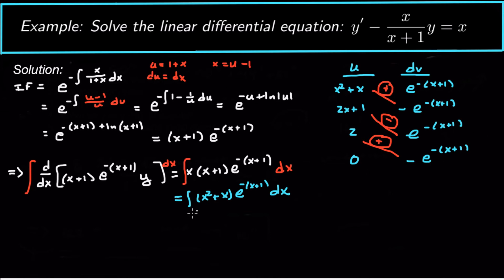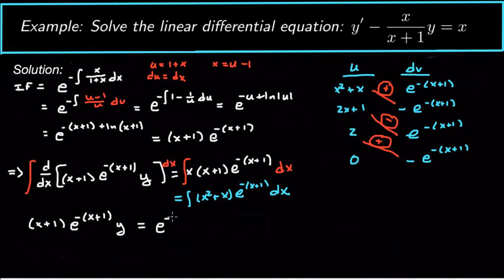My goodness, over here it's x plus 1 times e to the negative x plus 1 times y equals, well, all of these terms have an e to the negative x plus 1, so I'm going to factor that out here.